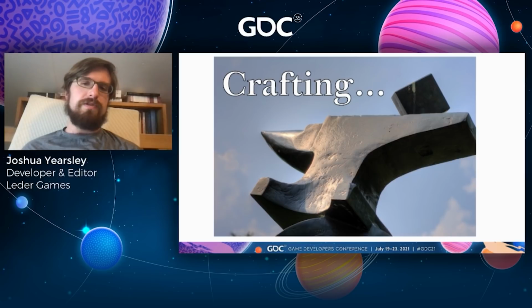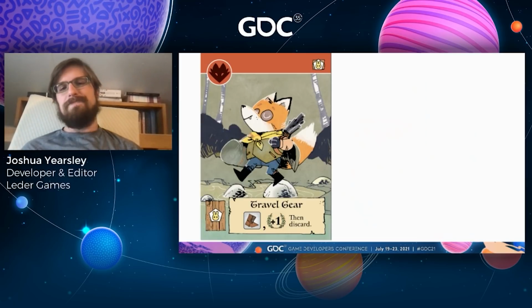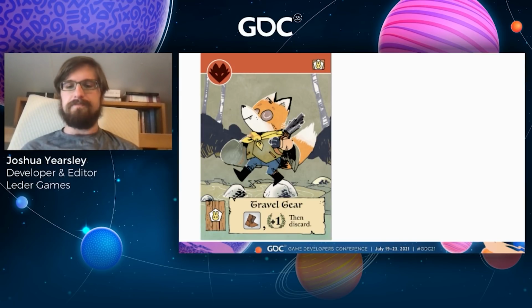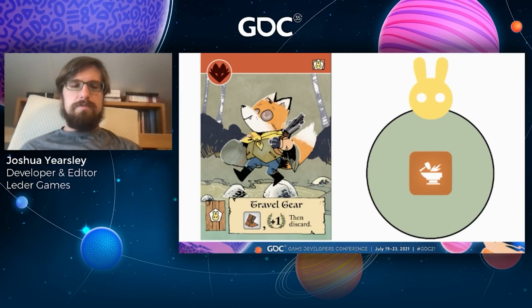However, a place where this falls down is in another system called crafting. Basically, what you need to know about crafting is that it lets you get the text on the bottom of the card. So all of that stuff on the paper on the bottom, if you fulfill certain conditions, you can get that stuff. Basically the way that you get it is you just need a particular piece in a clearing of a suit that matches its requirement.